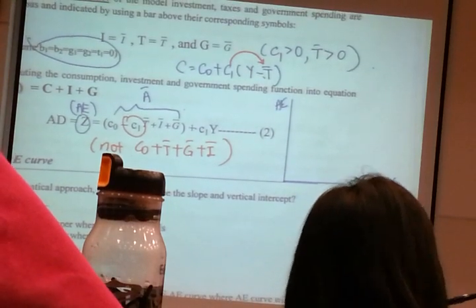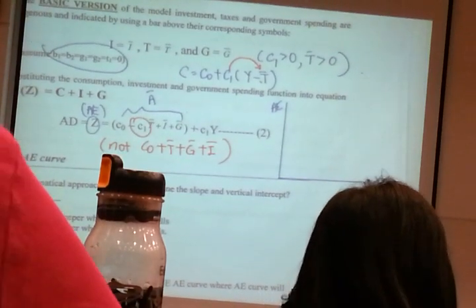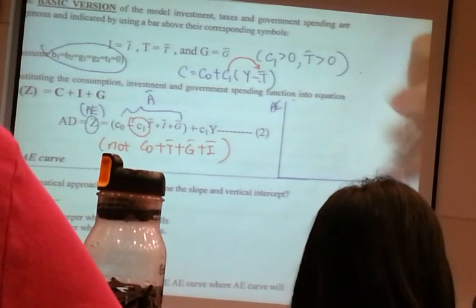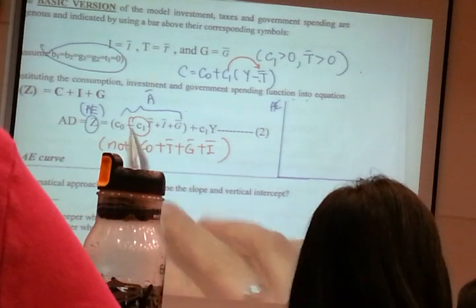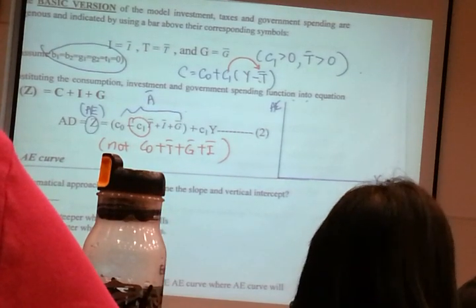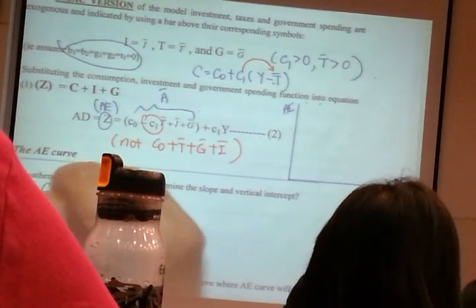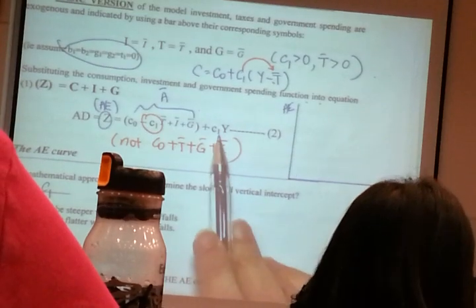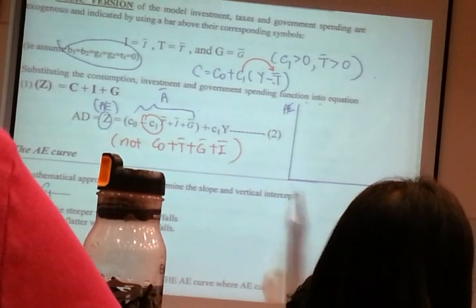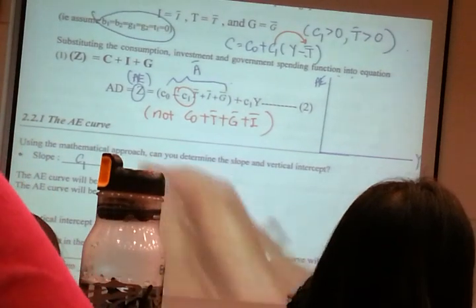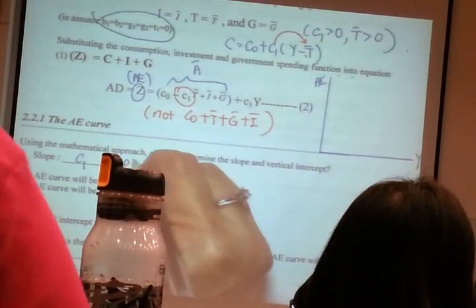So from here you can see the same method that I have been teaching you. Draw the axis, compare to the equation. So the equation is in the correct format that we can tell the slope is C1. Always look at the horizontal axis and look at the coefficient in front of it. So in this case, this is your MPC.